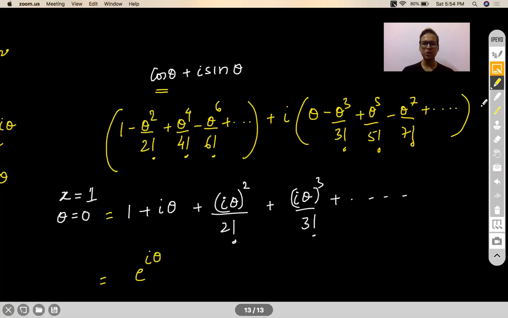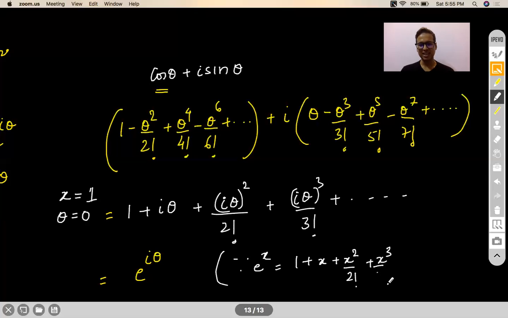Okay, I hope you all remember that in e to the power x, the expansion goes like this. Those who were there with us in the bridge course, this is what we had learned in our limits chapter. So if you replace your x with i theta, this is what you will end up seeing.